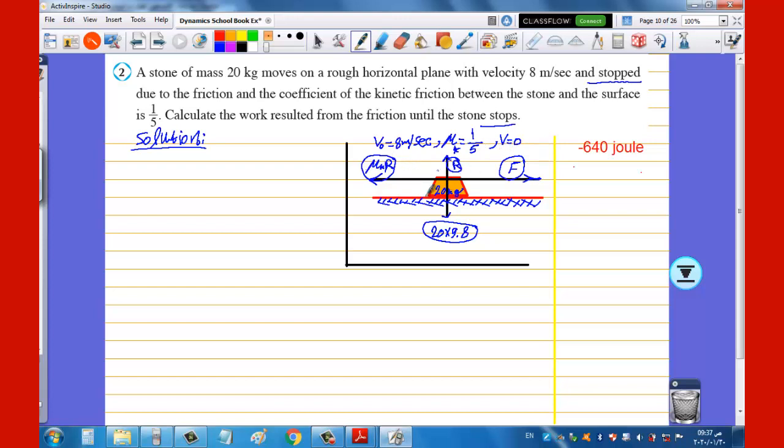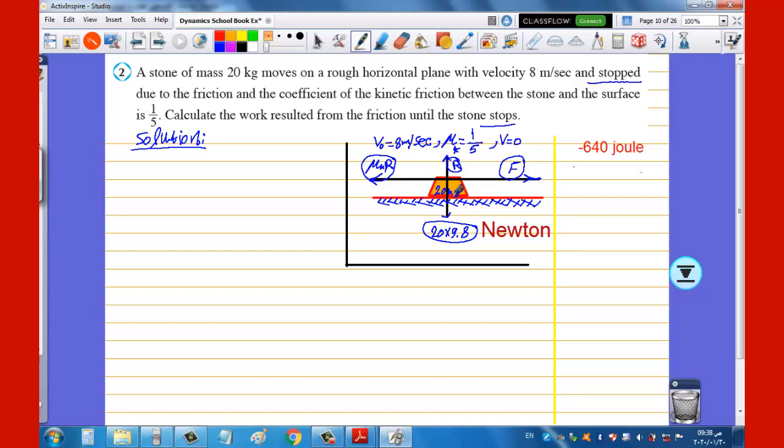So we draw a figure to represent the question. Here we have mu r, it is the resistance due to the friction, and here the normal reaction r, and we have the weight equals 20 multiply 9.8, because the mass of the body is 20 kilogram.